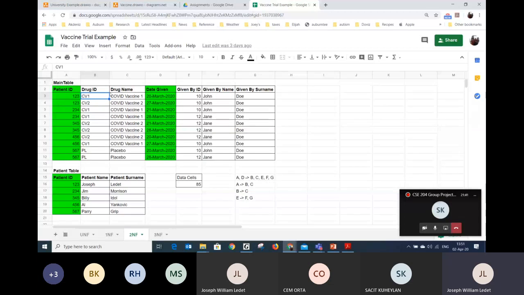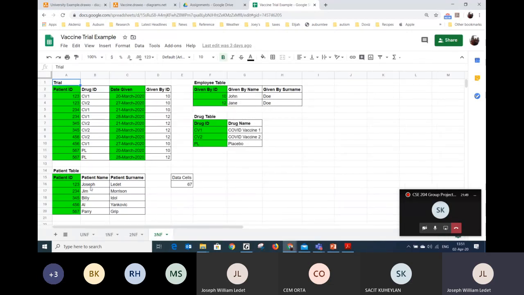So we can do the same thing we did here, where we take this and make it its own table. We get rid of transitive dependencies, making an employee table, making a drug table, and I'm going to change this live here. We actually don't want the column names necessarily. Okay, and so now we have an employee table.